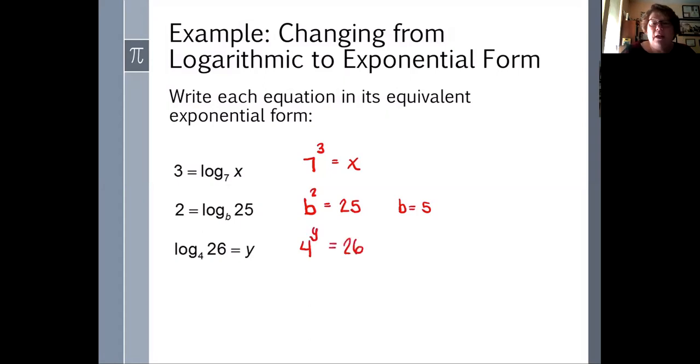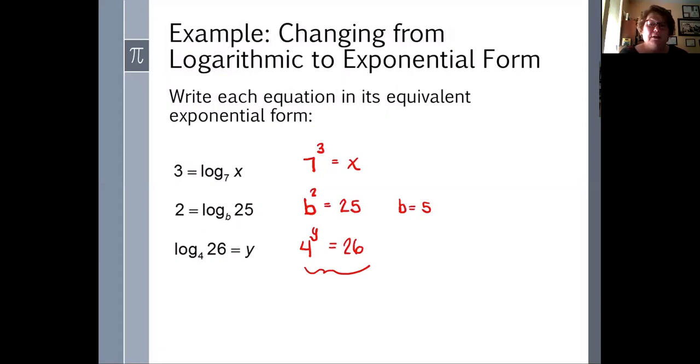And that's the beauty of logarithms. Because if you look at this form here, what do I raise 4 to get 26? I don't know. I had no idea. 2 point something? I don't know. But the log base 4 of 26, I can find that.